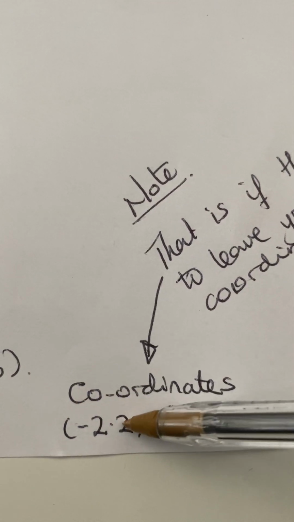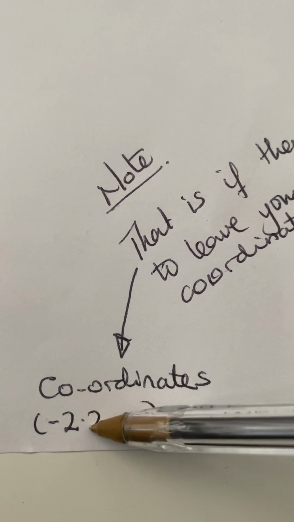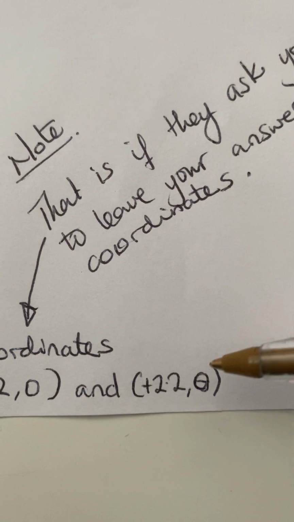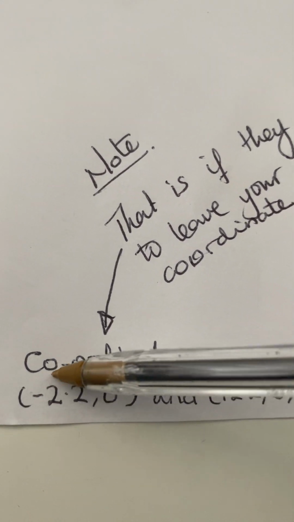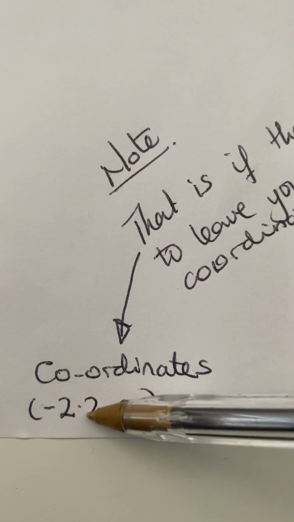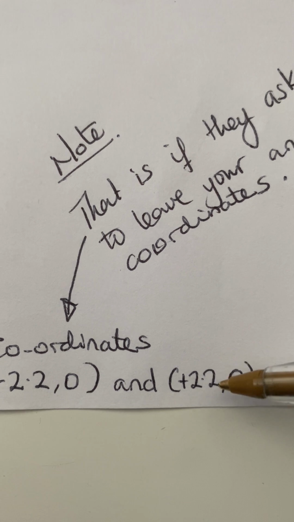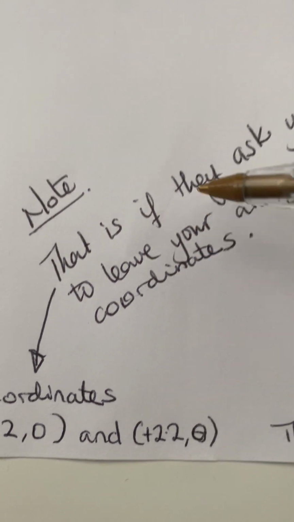So the values of x will be minus 2.2 and plus 2.2. If we want to leave them as coordinates, it will be minus 2.2, 0 and plus 2.2, 0.